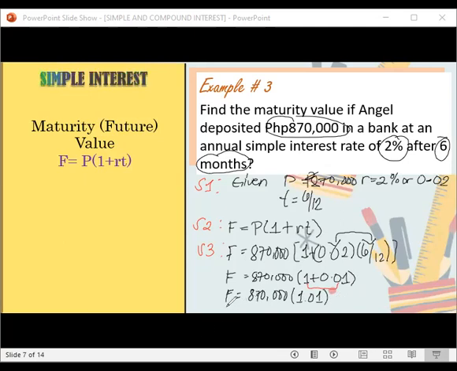So, our last one is 870,000 times 1.01. Ano po yung sagot? The answer is 8,700 pesos. Yung future value.